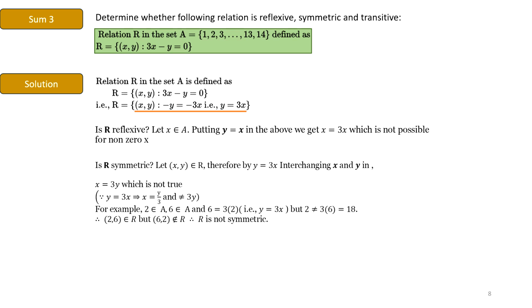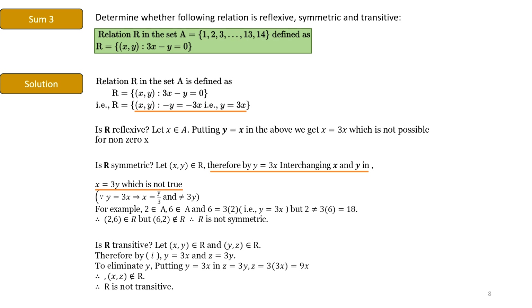R is not symmetric because after interchanging x and y, we reach x equal to 3y, which cannot be true. Putting y equal to 3x and z equal to 3y, we reach z equal to 9x, which does not satisfy relation R.